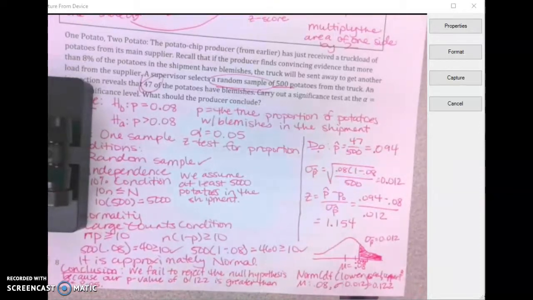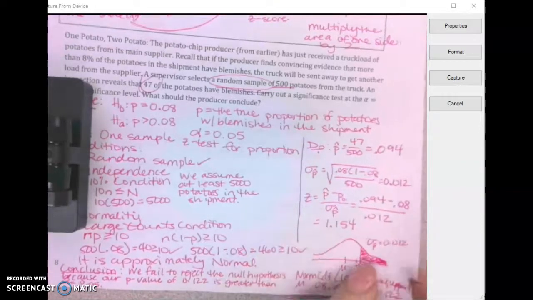Meaning, if we fail to reject, we go ahead and accept this load of potatoes.